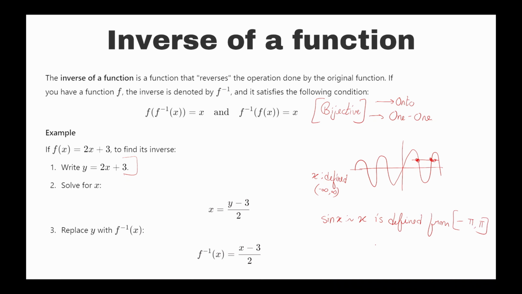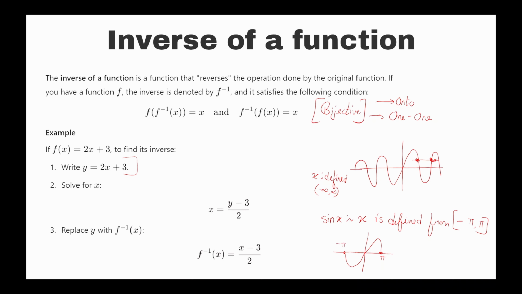This is what I say. Now what would my graph become? From minus pi, my graph would go on like this up till pi. So this is my pi, this is my minus pi. Now only in this interval, if I look at this function, is it going to be a one-one function? Yes, it is going to be a one-one function.